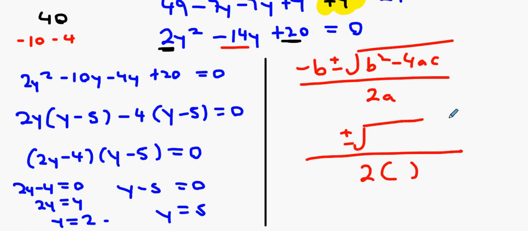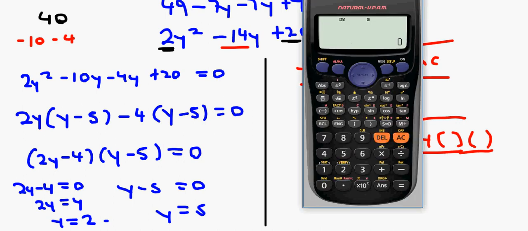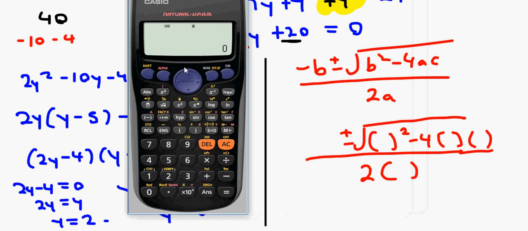So you can actually have an empty equation. Okay, so what I do with my calculator is I'd go across and I'd press the fraction button straight away. So press that fraction button.